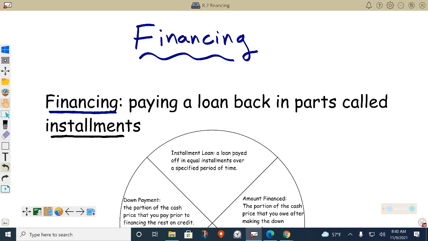I am financing two things though. I'm still financing my house in installments. I pay it off in monthly installments till the year 2050, 2051. So I'm still around. This is a 30-year loan. That's typical of house loans. Every month is a monthly installment.